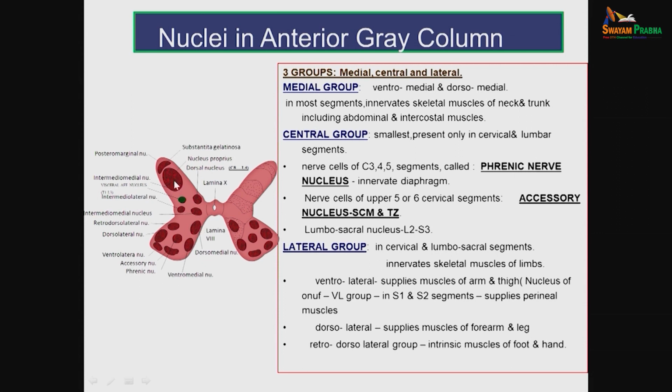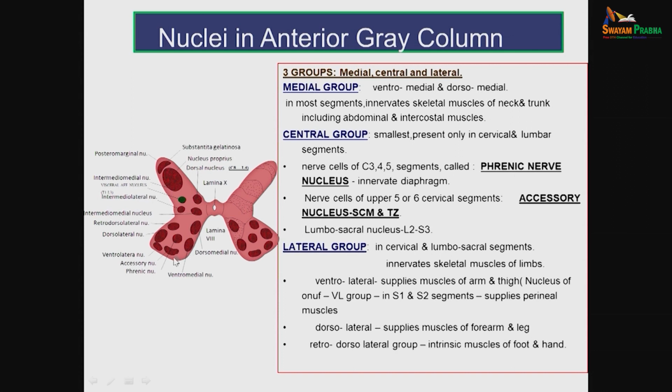This is ventral, this is dorsal. This is the anterior grey horn, this is the posterior grey horn. This is the grey commissure, and this is the central canal. Having known this, please note we are talking about the nuclei in the anterior grey horn. The most medial is the medial group of nuclei. We are again subdividing into ventromedial and dorsomedial.